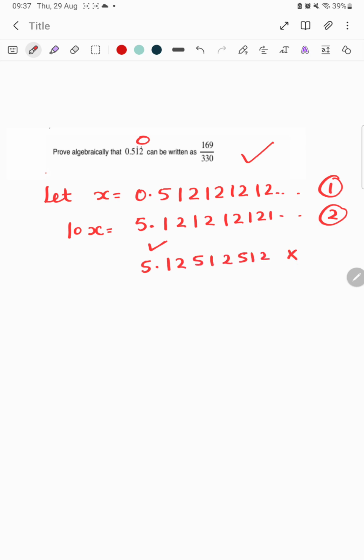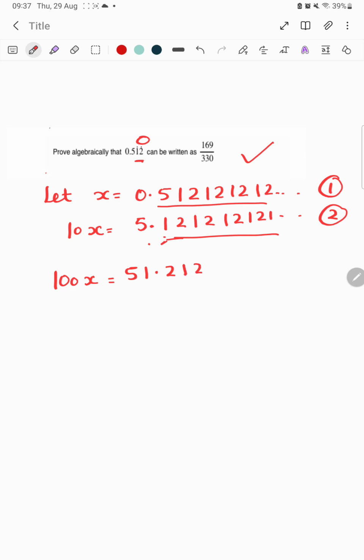That will be wrong, because only 1 and 2 are repeating. 5 should be written only one time. After this, the decimal parts of these two equations are not the same, so I will multiply equation 2 by 10 again. It will be 100x, and here it will be 51.2121212 and so on.